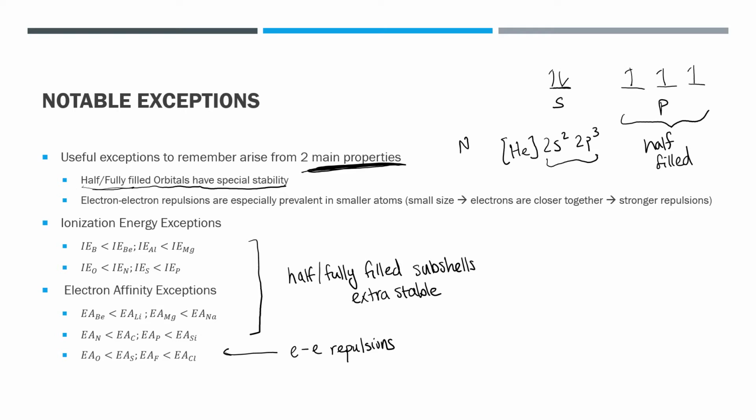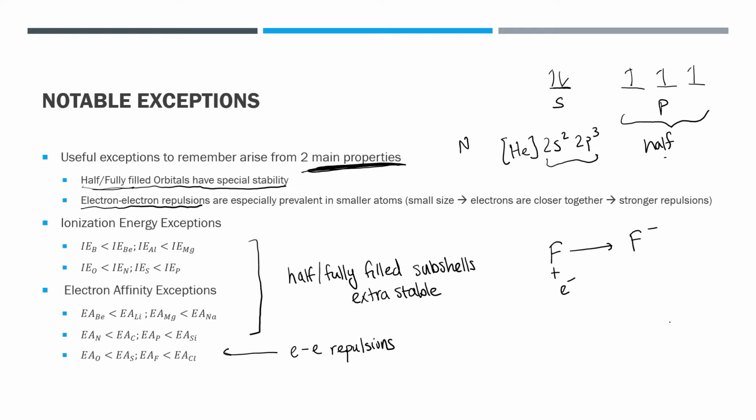exceptions that we see. Another key property that causes these exceptions is electron-electron repulsion. So say we have a small atom, like fluorine, for example, and we're looking at the electron affinity of fluorine. So I'm adding an electron to fluorine. What's going to happen, right? Because fluorine is such a small atom, the electrons are really close together in the atom.